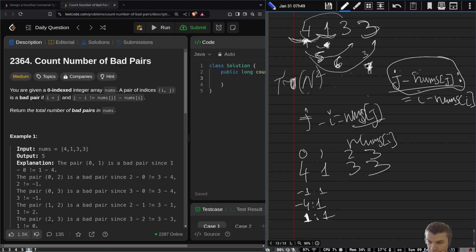Then 3 minus 3 is 0, so 0, 1. That's gonna be the hash map, so there are basically no bad pairs here, something like that.